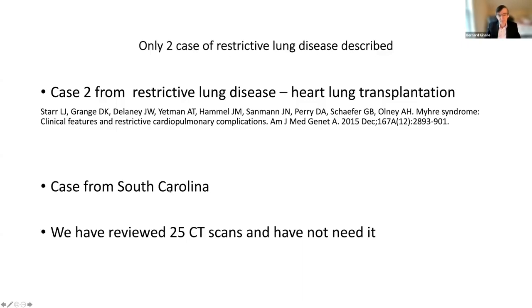We have reviewed 25 CT scans and have not seen it in patients with Myhre syndrome. So we've seen sporadic descriptions of it, but we have not seen it. CAT scans are routinely performed on children with Myhre syndrome to look at their hearts, so it's very, very easy to see. It's easy to screen for.